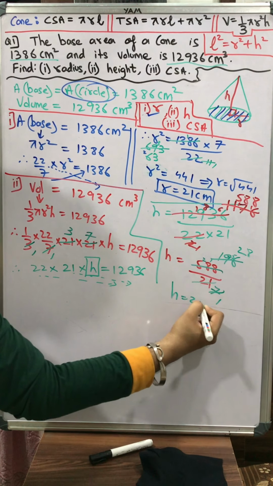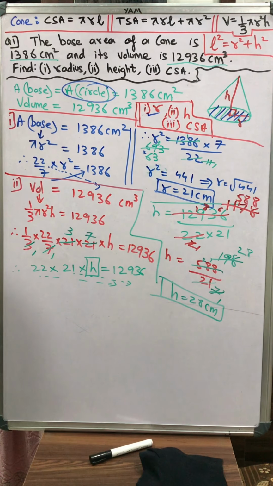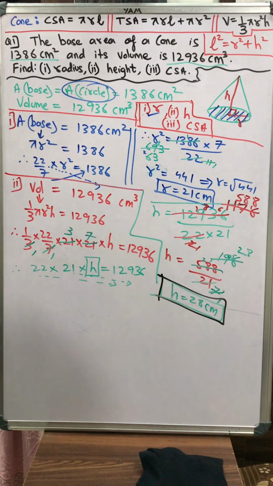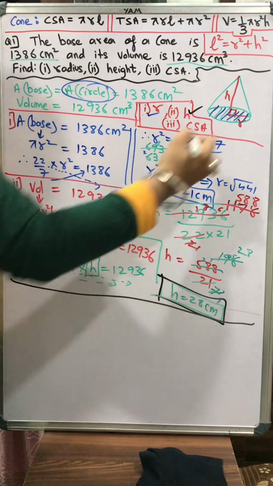So h is equal to 28 centimeter. Yes, students, I'll highlight it with a black marker that h is equal to 28 centimeter. That's it. We got a second answer, students. I'll mark a tick mark over here.